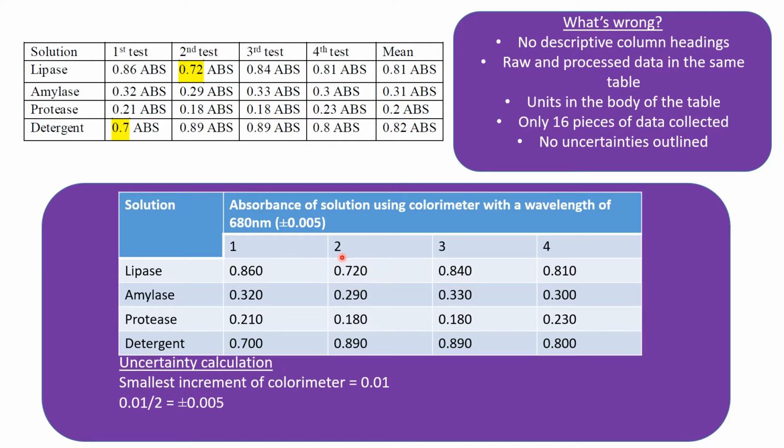However, I am aware that it could actually be anywhere between 0.715 and 0.725. So that's the uncertainty. We're giving a bit of leeway. That's what we mean by uncertainty. So make sure that you include that, because that's mentioned in the marking criteria.